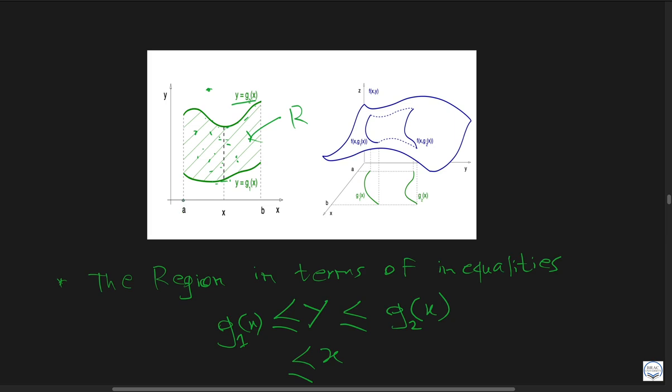For instance, a point over here does not lie in this region because its y coordinate is definitely above g sub 2 of x.